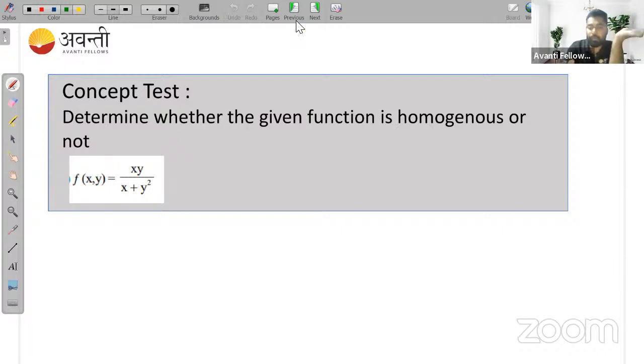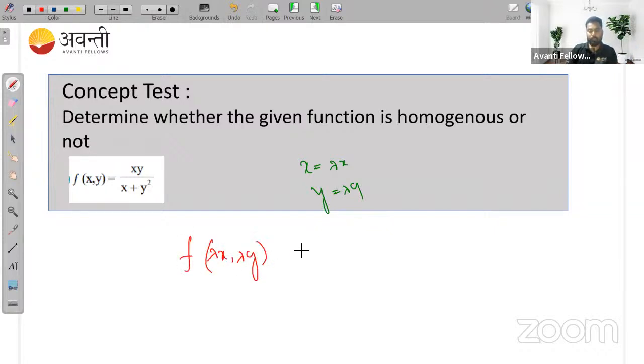So what we'll do, we'll just substitute x is equal to lambda x and y is equal to lambda y. After substituting, f of lambda x, lambda y becomes lambda x into lambda y upon lambda x plus lambda square y square.